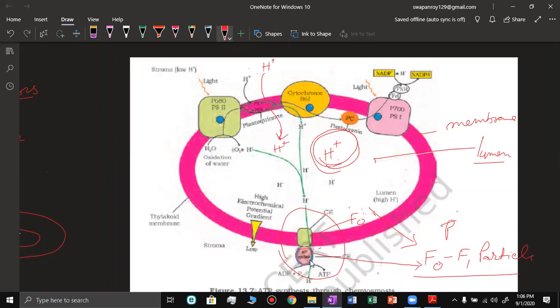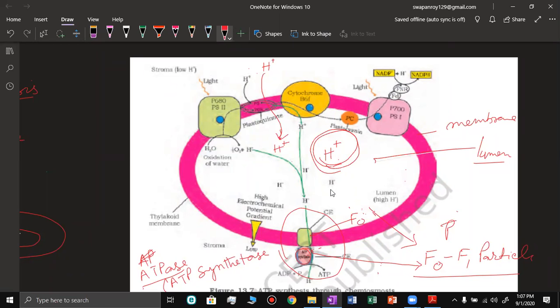F1 protrudes out of the membrane. This F0 has ATPase function, or you can say ATP synthetase function.